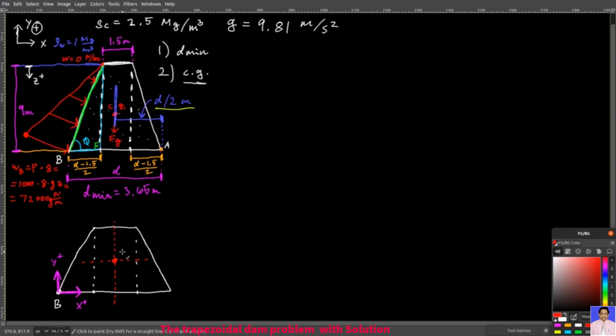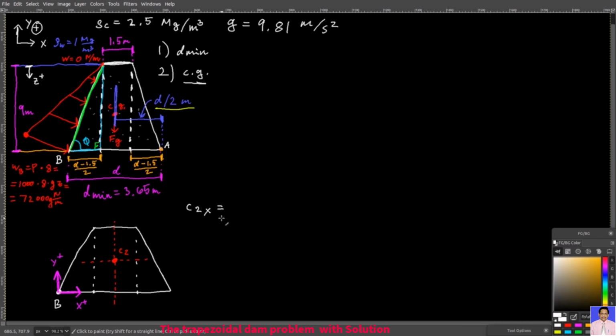Let's call the centroid of the rectangle C2. You know that the total distance of the lower part of the dam is 3.65 meters. It means that this point, C2, measured from this point B, its coordinates are the following.